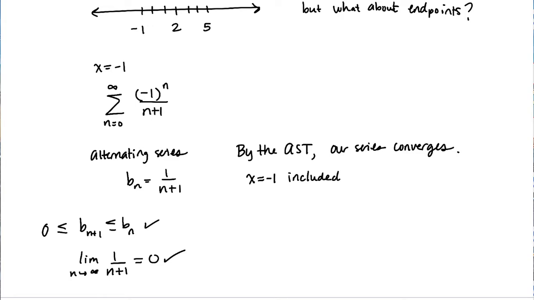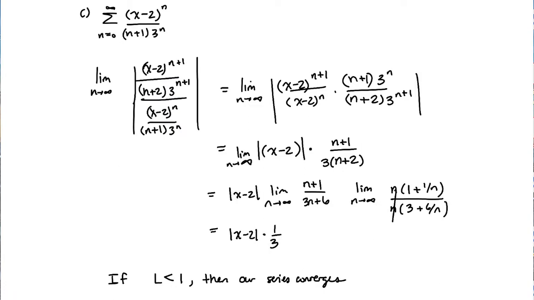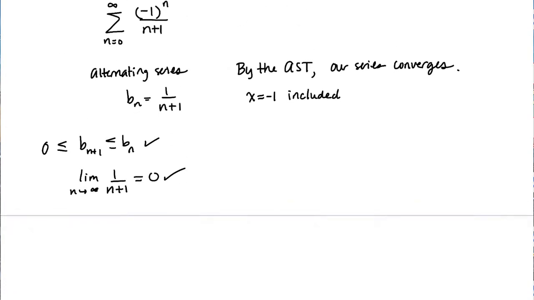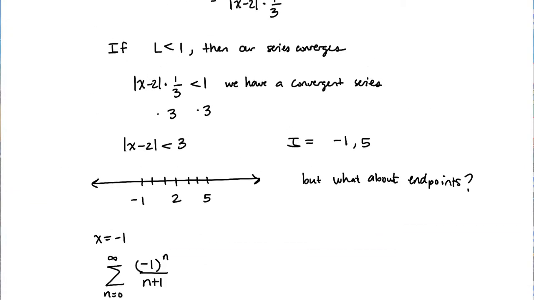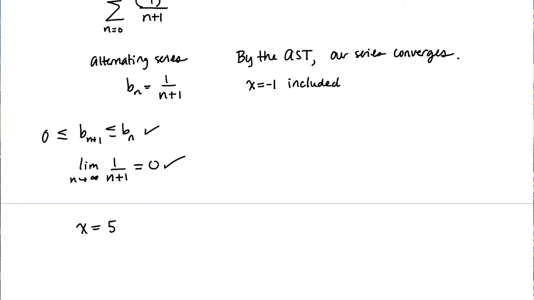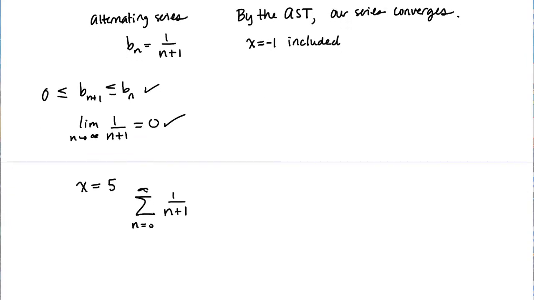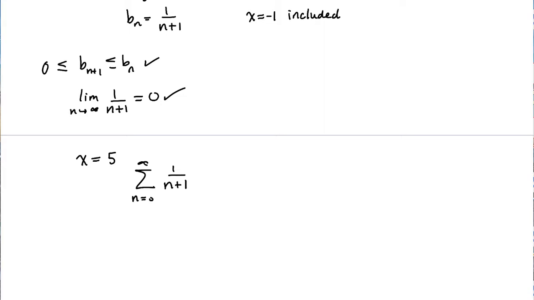And let's take a look at the other endpoint. For x equals 5, when I plug in x equals 5, I end up getting the series, n equals 0 to infinity, 1 over n plus 1, which if we actually look at what that is, it looks like, oh, we've never seen that before.